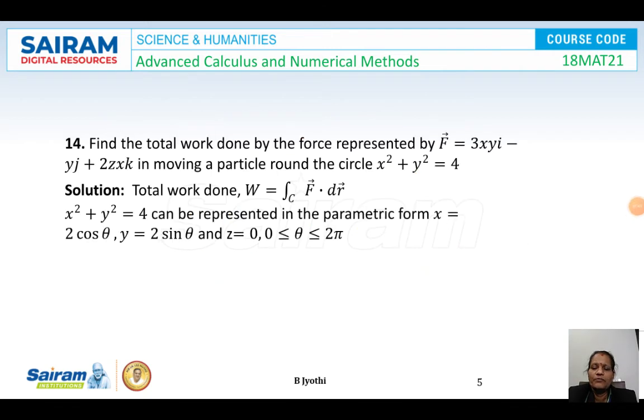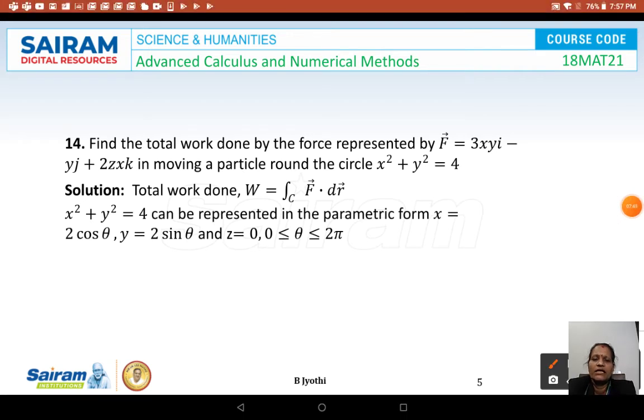Next problem. Find the total work done by the force represented by F is equal to 3xy i minus y j plus 2zx k in moving a particle round the circle x squared plus y square is equal to 4. So, this x square plus y square is equal to 4 is a circle with center as origin and radius as 2 units.